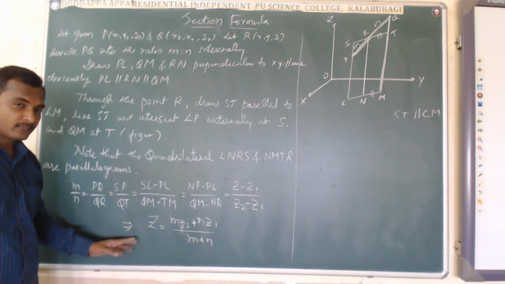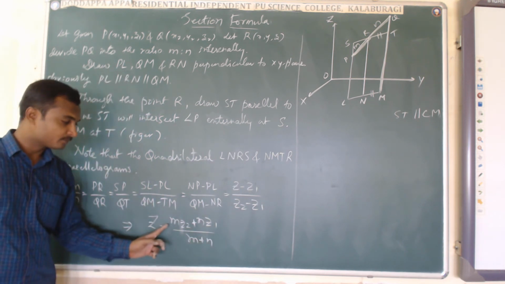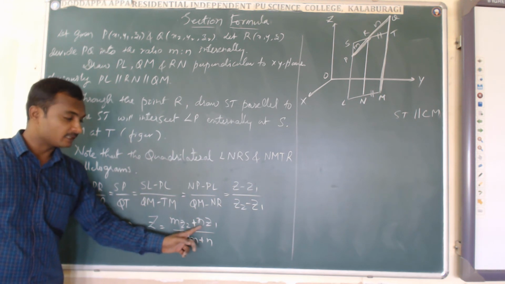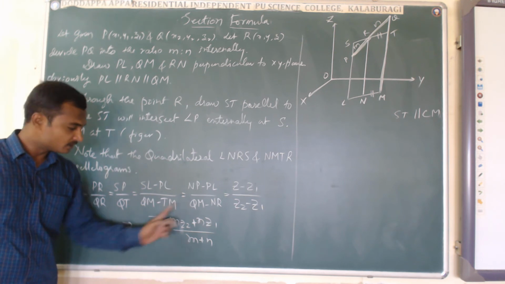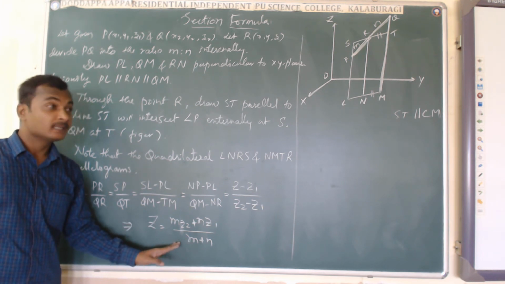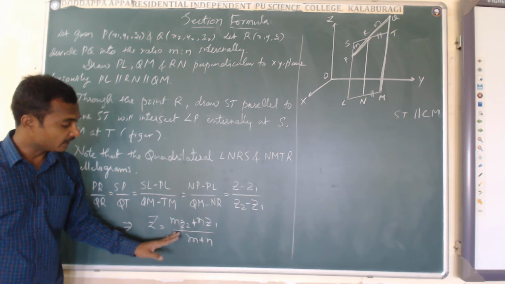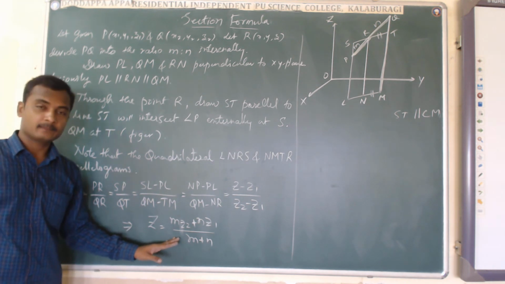So similarly, what are we going to get? We are going to get Z equals M into Z2 plus N into Z1 divided by M plus N. This is the coordinate of the external division of the line PL.